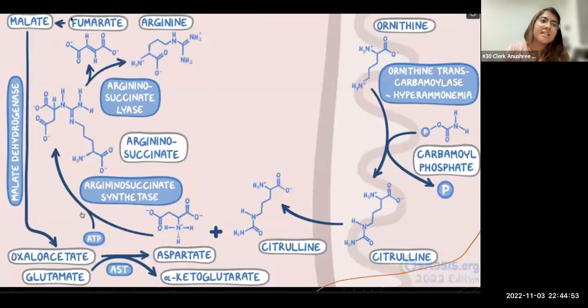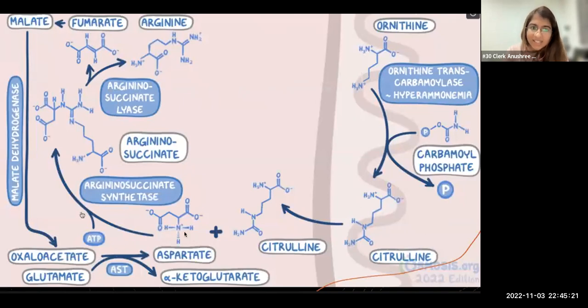So fumarate, with a water molecule, forms malate, and then this malate, with the enzyme malate dehydrogenase, gives us oxaloacetate. So with the help of the enzyme AST, oxaloacetate is again converted to aspartate. Do you see the link between the Krebs cycle and the urea cycle?